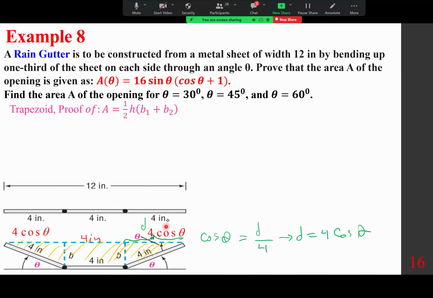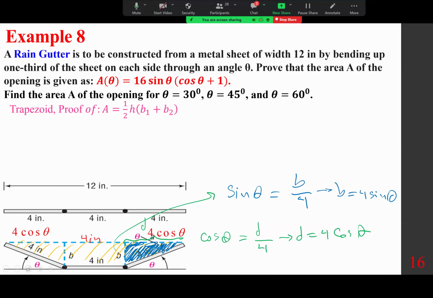Now, what is this height h? Use a different color. Sine theta is h over 4. If you look at this triangle, everybody, sine theta is h over 4, so h is 4 sine theta.